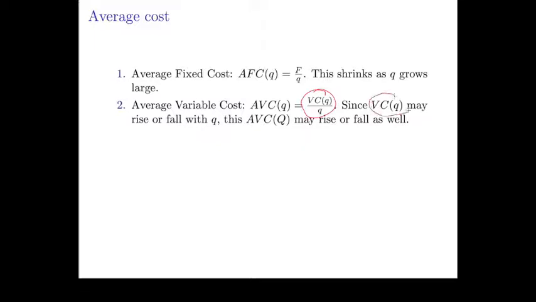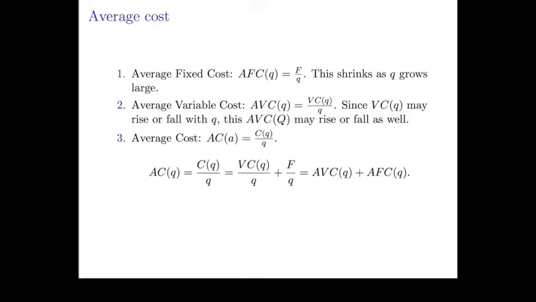Now, your variable cost may rise or fall as the total number of units rises or falls. So the average variable cost may rise or fall as well. So your total average cost, which we represent by AC of Q, is the total cost divided by the total number of units.